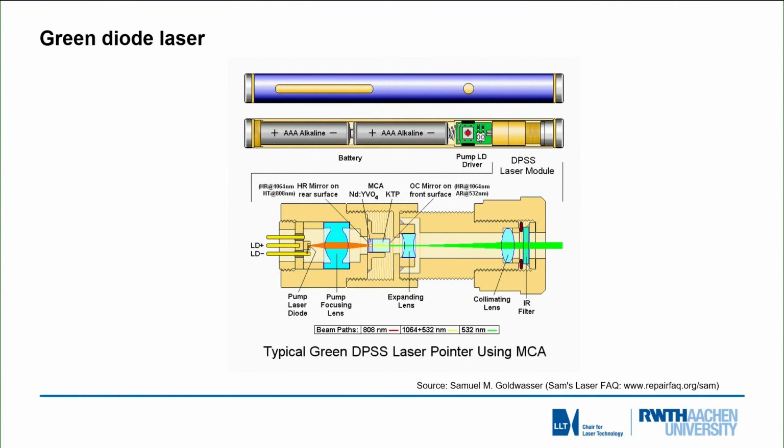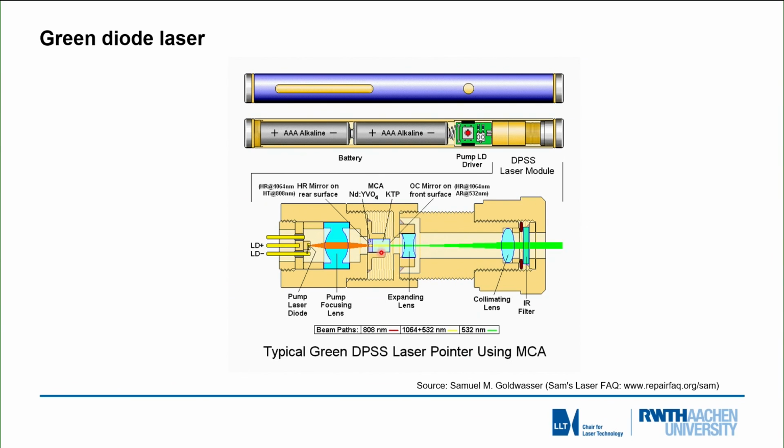You see most of the device content is the power supply, the batteries. And here's all of the laser activity. This is enlarged here. So we have the pumping diode, which pumps a solid state laser crystal, which is located here. That's where the 1 micron radiation is generated.